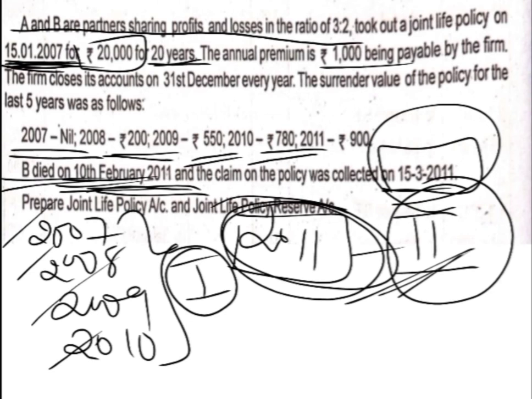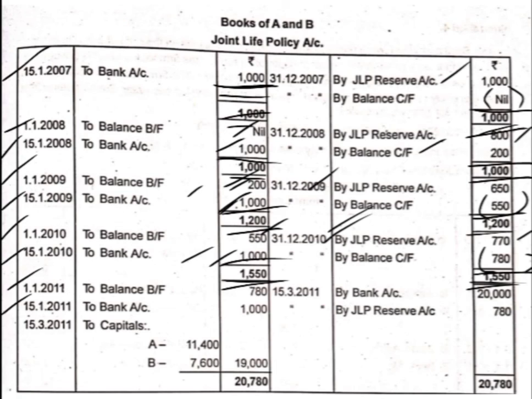So on this date we have to pass another three entries. Here the next entry will be for receipt of the insurance amount from the insurance company on 15th March 2011. The entry will be bank account debit to joint life policy account. So here in the credit side we have to write by bank account. What is the sum assured here? 20,000. Okay.